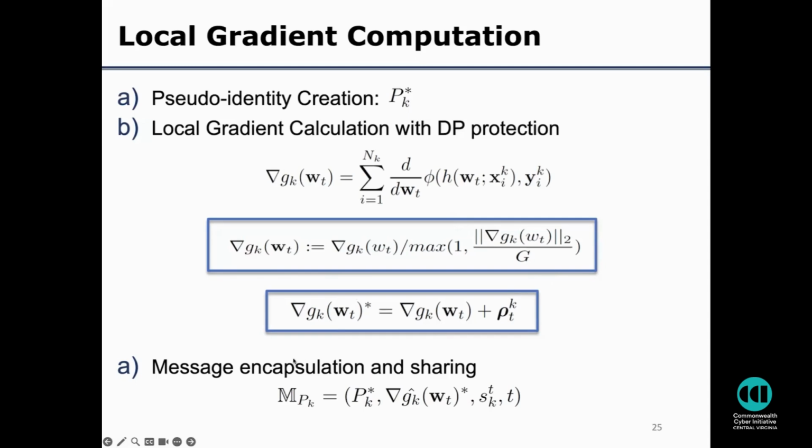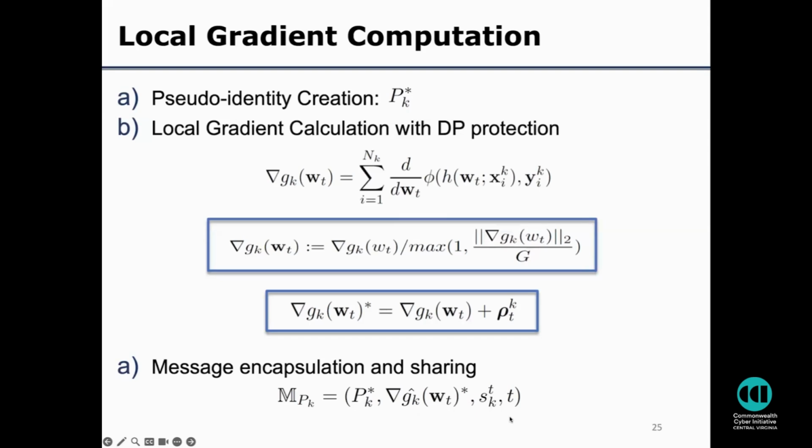The third step is to create the message and then share it. This message includes, for example, the pseudo identity, the gradients, and also the time.